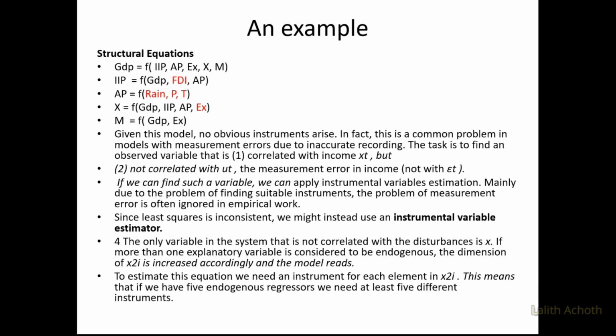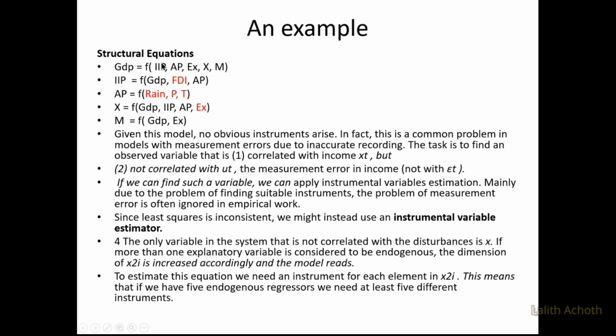So given the model, no obvious instruments arise. In fact, this is a common problem in models with measurement errors due to inaccurate recording. The task is now to find an observed variable that is correlated with x_t, which is indeterminable, but not correlated with u_t. Now, these two dependent variables will definitely be correlated with the error term.